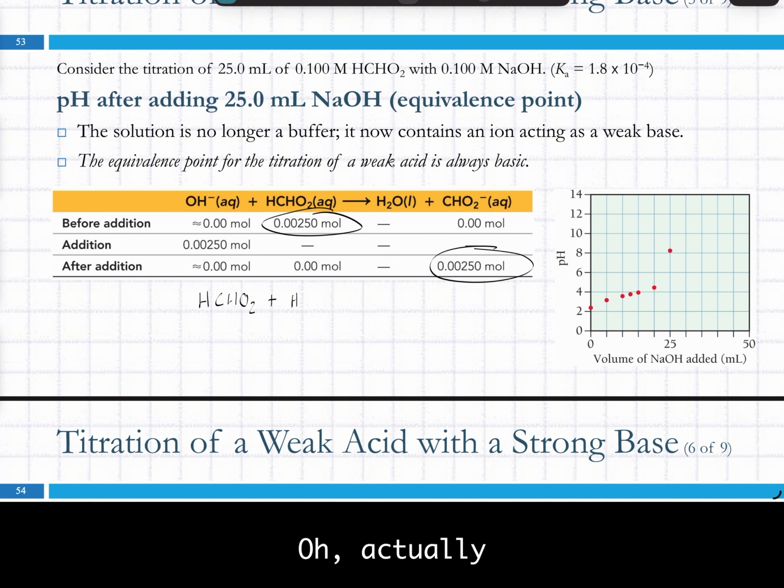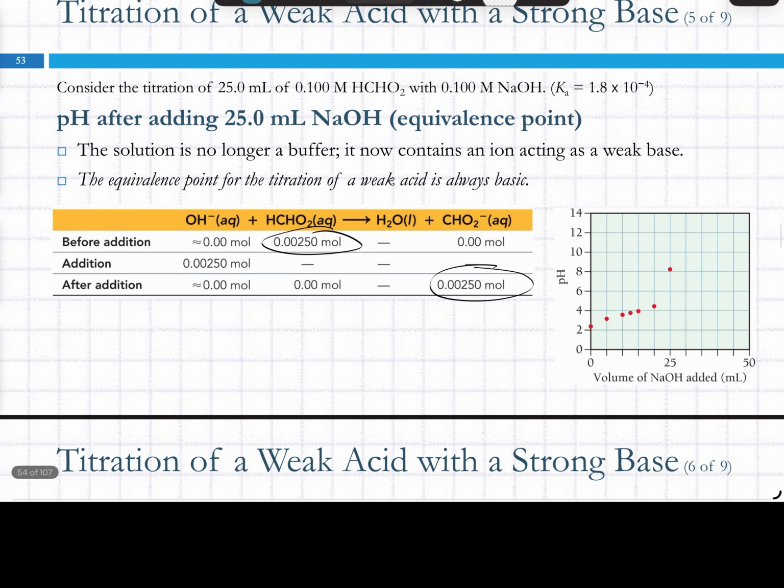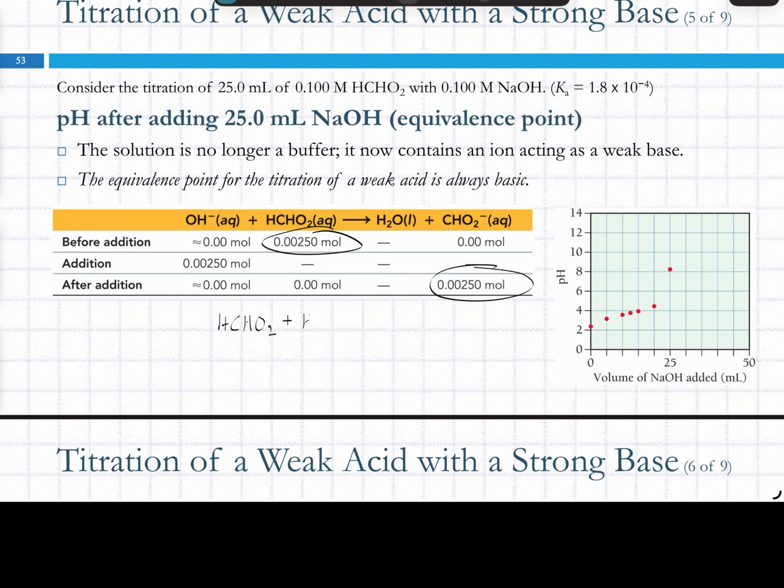Oh, actually, yeah, okay, it is just on the next slide. So I'll write this in. If I tried to use Ka, Ka is for this equation.